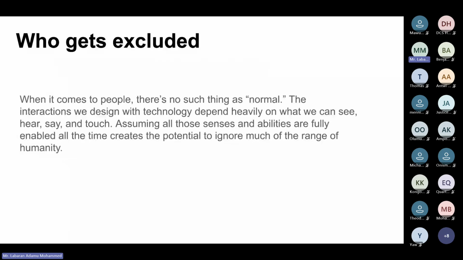There are different kinds of people, and if we use ourselves as a baseline, we get to exclude a lot of people. So I also believe there is no such thing as normal people.